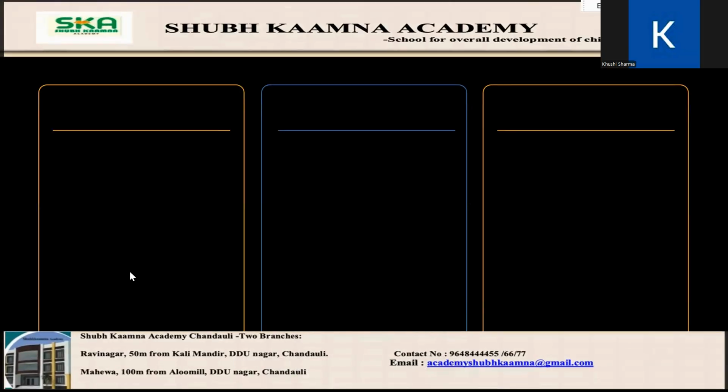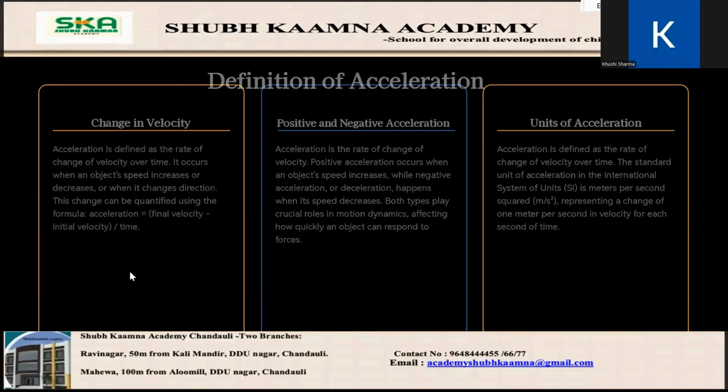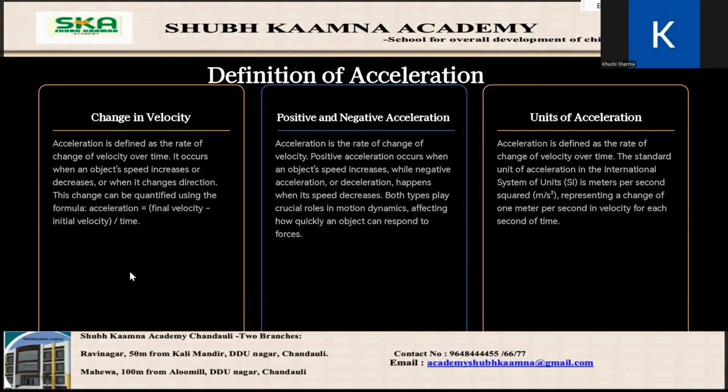Acceleration is the rate at which velocity changes. So if you go from 0 to 100 km per hour in 5 seconds, that's acceleration. Formula: acceleration is equal to final velocity minus initial velocity divided by time. Example: you go from 0 to 20 meters per second in 4 seconds.